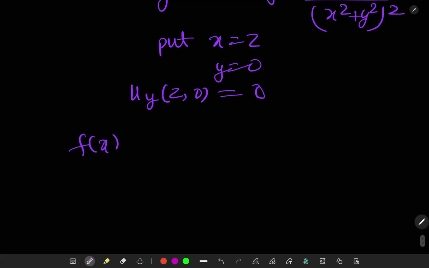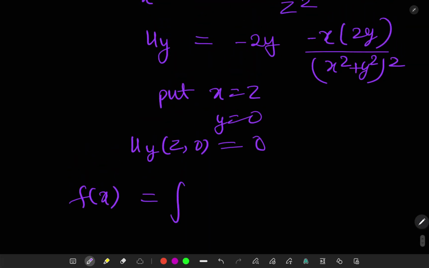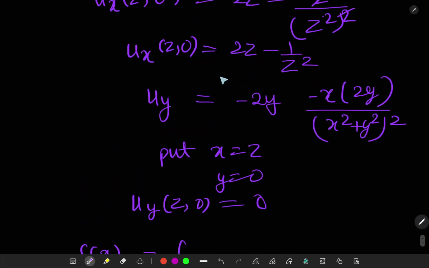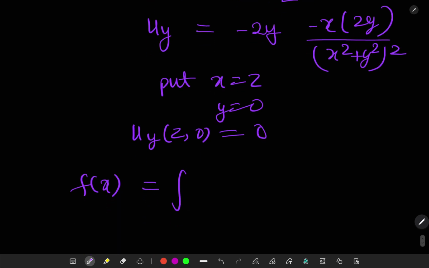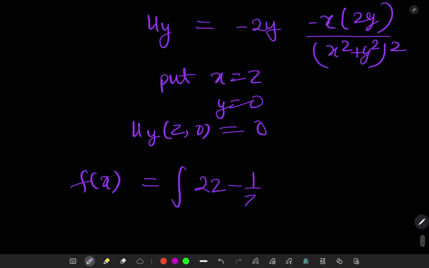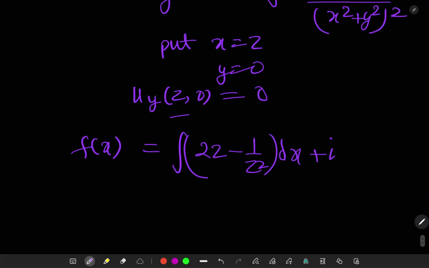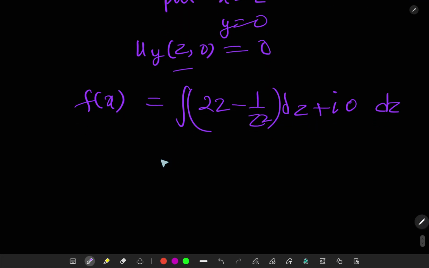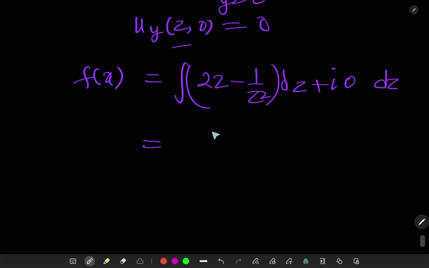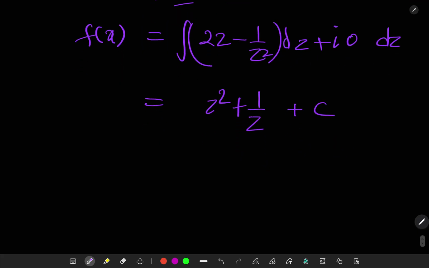Now f of z equals to the integral. Here this is the value of ux, so we write here, and uy value is equal to 0. So now integrating this term, it comes to this plus c.